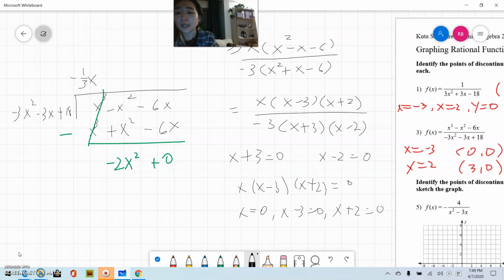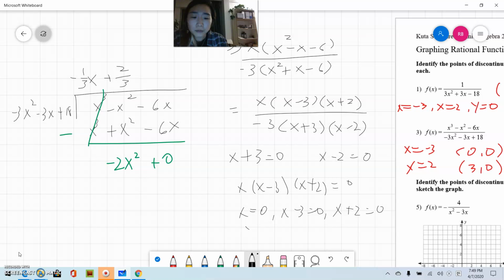So then I say, okay, what do I need to multiply to negative 3x squared to make negative 2x squared? Well, the only thing that needs to change is negative 3 to become negative 2. So then I need to get rid of that 3, but give 2. So this one is a little bit difficult. I get that, to find the oblique asymptote.